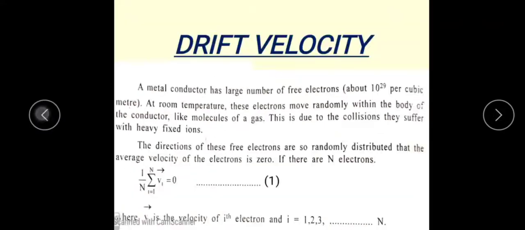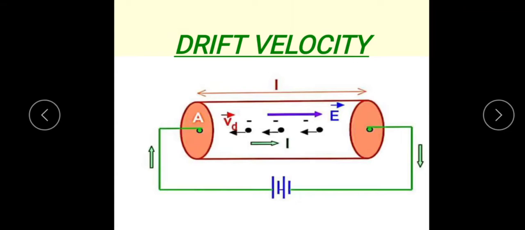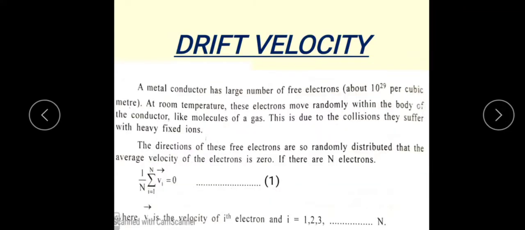So within 1 cubic meter, approximately 10 to the power 29 free electrons are available. At room temperature, without an applied potential difference, these electrons move randomly due to temperature within the body of the conductor, like molecules of a gas.